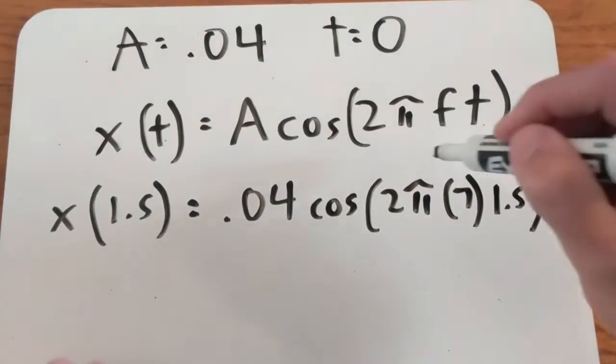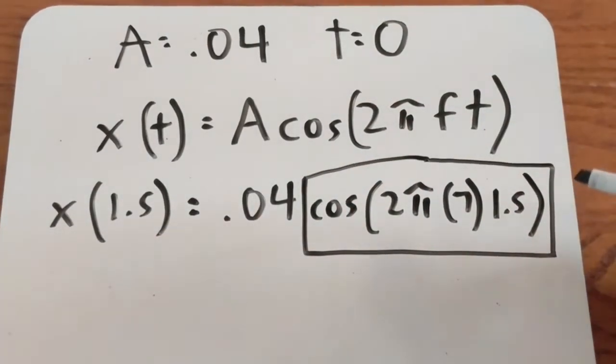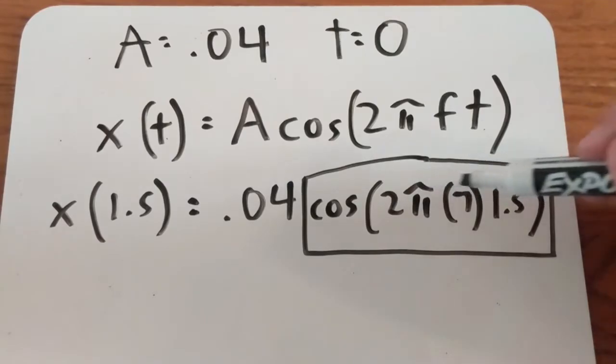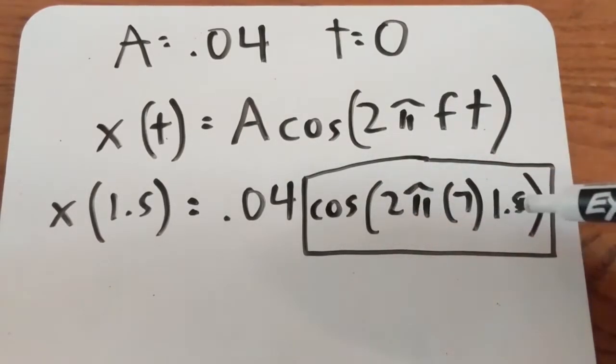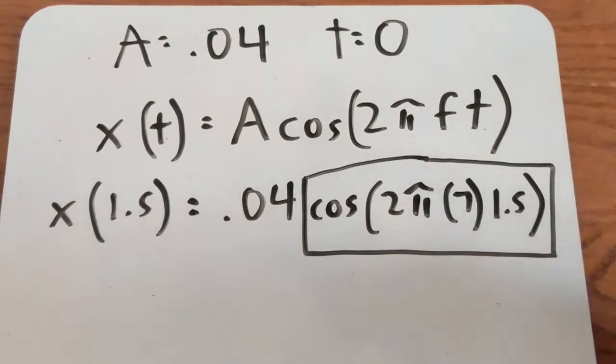This is the first time we've ever done this where we are not putting in degrees here. We're not putting in 65 degrees, we're not putting in 90 degrees or any of those things. This is radians, so we have to make sure our calculator is in radians, which is no problem.